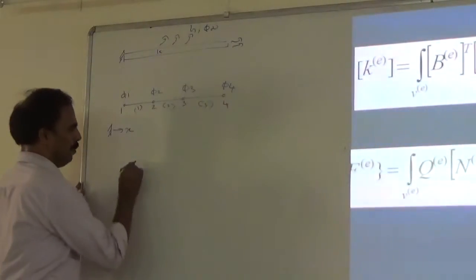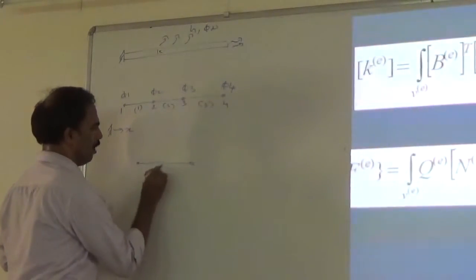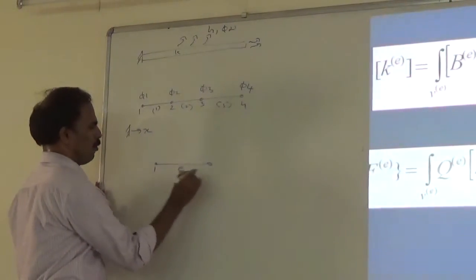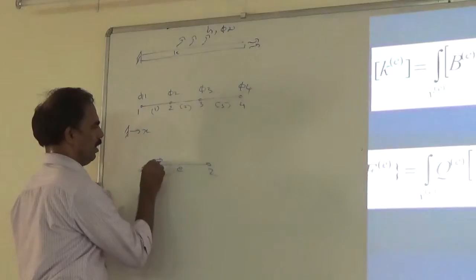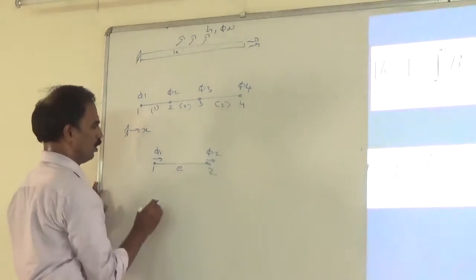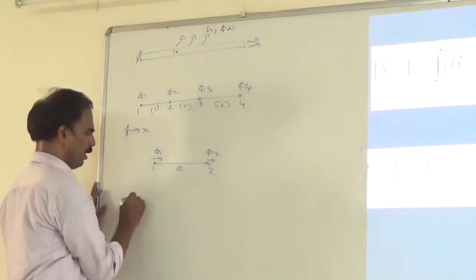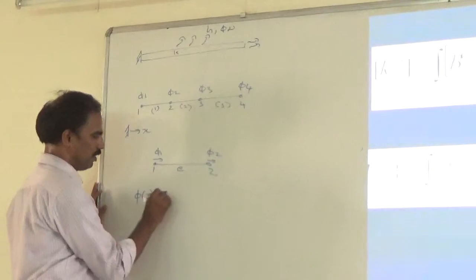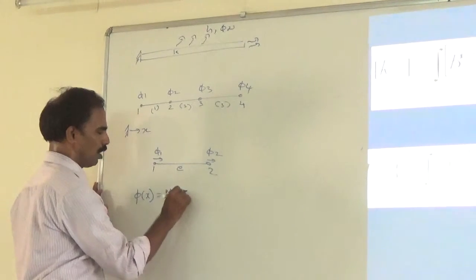We take a typical one-dimensional thermal rod element. Node 1 is a local node. Here this is phi 1, here it is phi 2. So the temperature at any point, I can write in terms of shape function and nodal values.